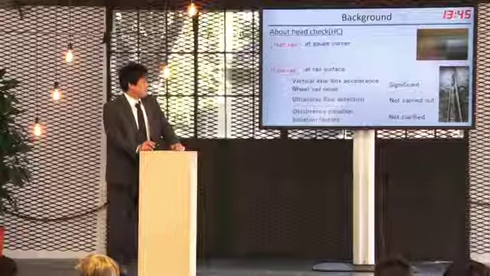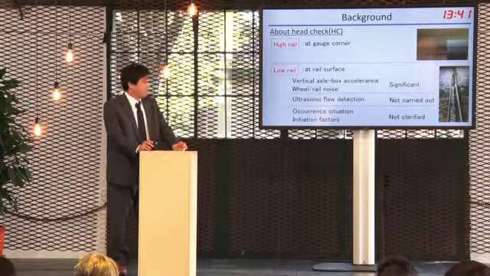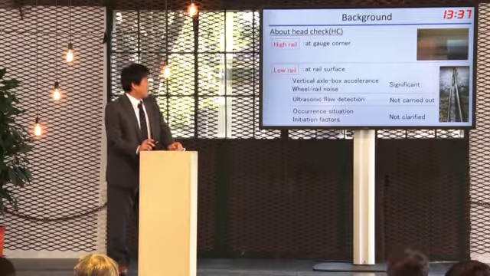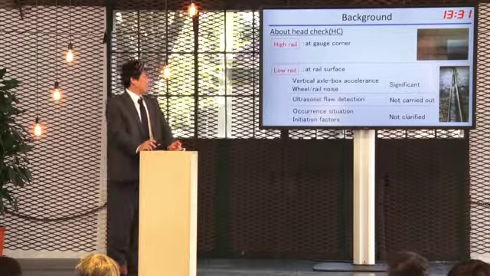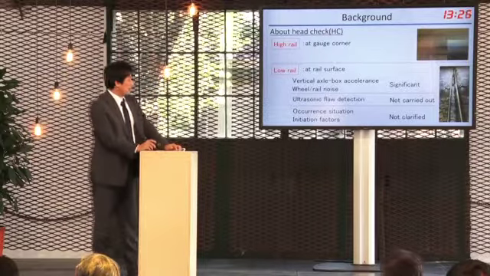Now, I would like to begin by providing some background information of my research. As you know, head check is one of the most famous cracks appeared on rail. In general, head check appears at the gauge corner of the high rail.